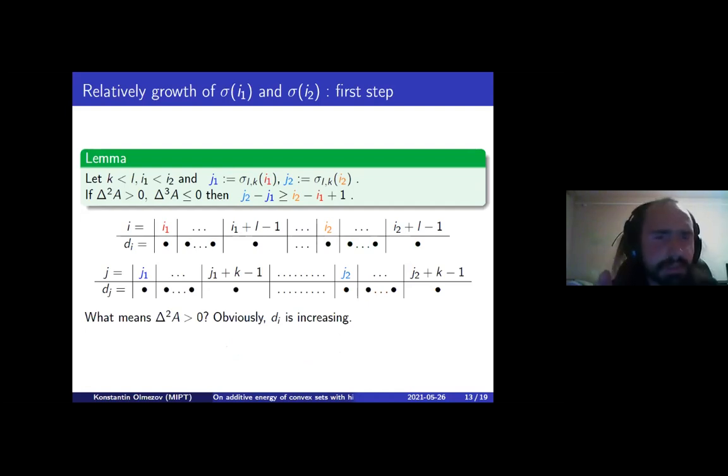The main question here is how we can use our assumption about third derivatives.